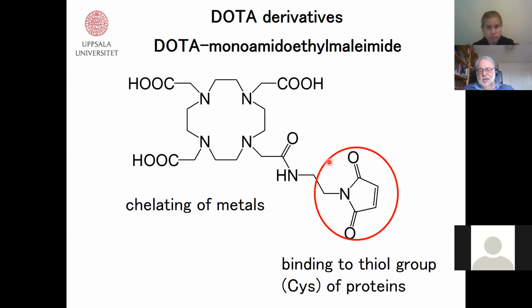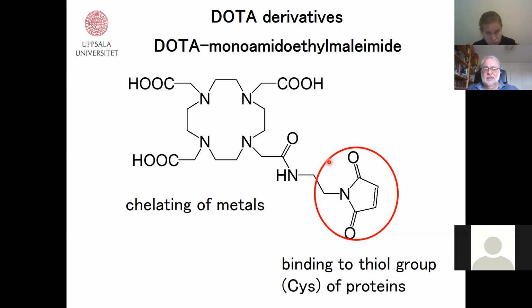Well, once upon a time, it was a big issue for us because we wanted to label affibody molecules with DOTA and do it in a site-specific manner. In this case, we use the fact that the affibody scaffold is cysteine-free.